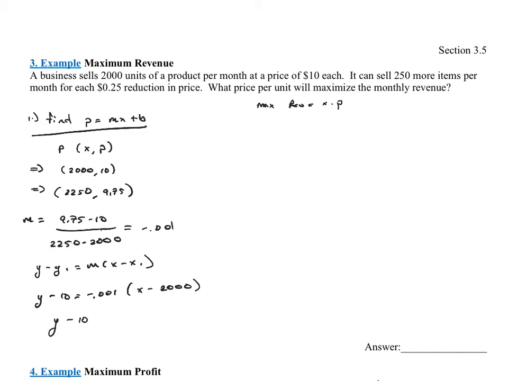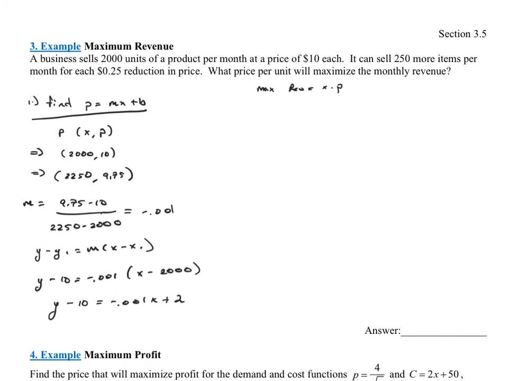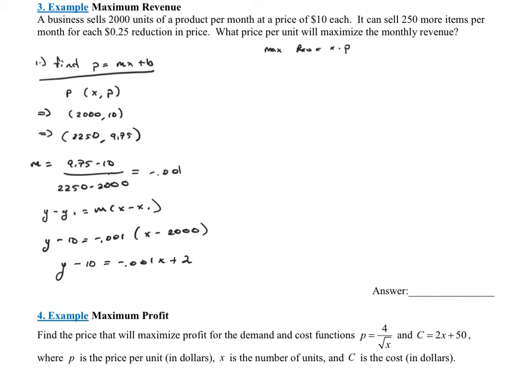I'll go ahead and do out some math here. So I have y minus 10 equals negative 0.001x minus 2, plus 2, because a negative times a negative is a positive. Then we're going to add 10 to both sides. When I add 10 to both sides, I end up with y, which is my p-value, equal to negative 0.001x plus 12.